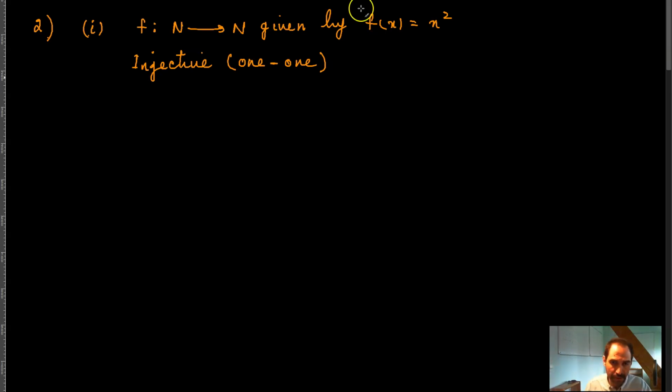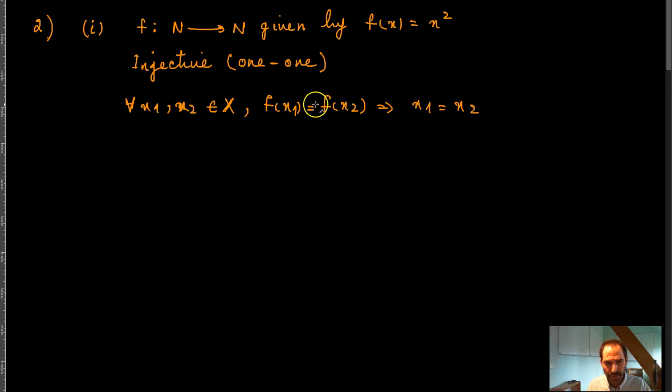That is the meaning of injective. The condition we use is that for every x1 and x2 belonging to X, which is your domain, if f of x1 is equal to f of x2, that implies that x1 is equal to x2.